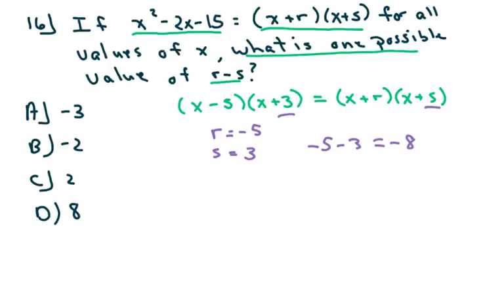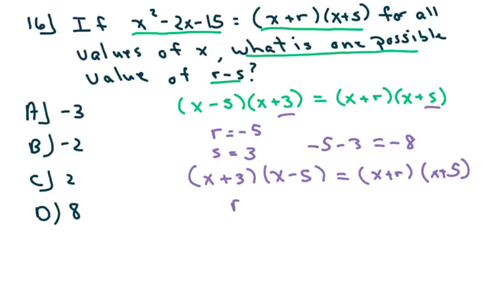So I'm just going to switch this around and put x plus 3 times x minus 5 equals x plus r times x plus s. So that would be r is 3 and s is negative 5.